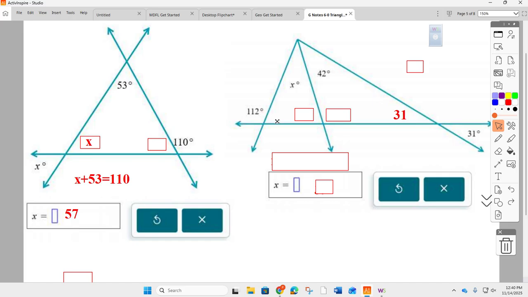Go ahead. As which one? It would be the same as 112. Why? What makes you think it's the same as 112? So I'm asking you, what could our strategy be so we could find the value, the measure of this angle here? It's 112. So how'd you get it?